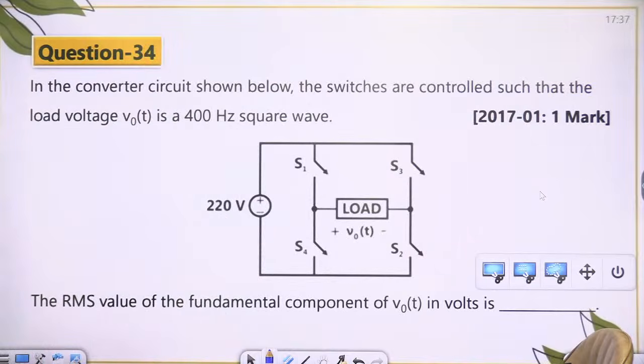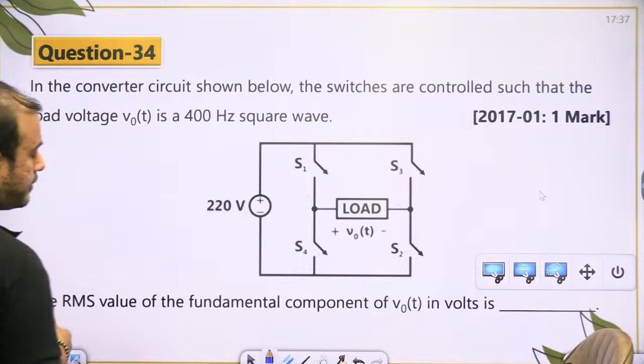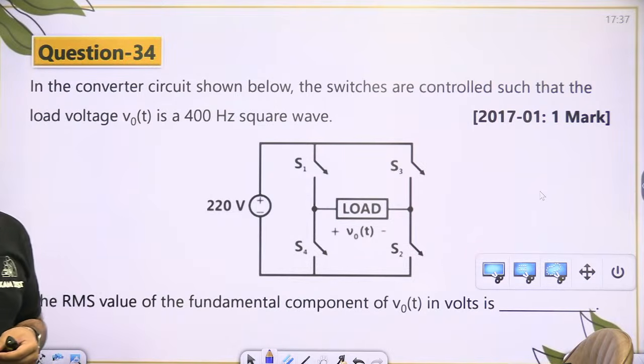Okay, next. Find the RMS voltage of the fundamental component of V naught. So V naught is a proper square wave. That means there is no modulation. If the inverter gives you a square wave, it only means one thing, that there is no modulation involved.